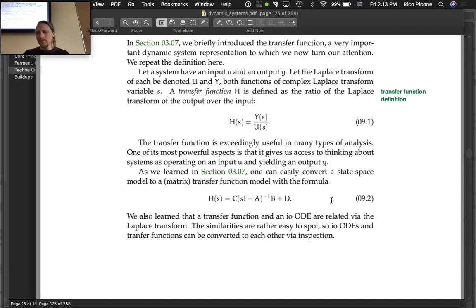Right now, that's the only way we know how to get a transfer function, other than from an input-output ODE. In chapter 10, we'll learn how to derive transfer functions directly. You can also use the definition: if you have an input-output ODE, you take the Laplace transform of it and solve for the transfer function directly as well. Any questions on transfer functions?